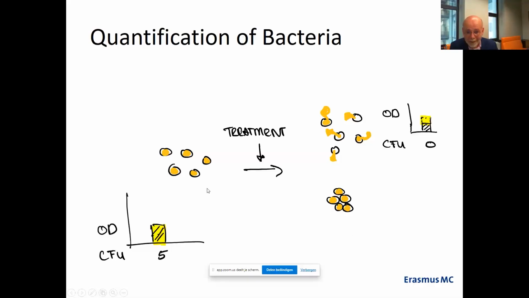Yet, if the bugs agglutinate as a consequence of the treatment, then my CFUs also will reduce, and my optical density will reduce in more or less a similar way. So I might say, hey, I have a very active component that does something with my bugs. If you work with Staphylococcus aureus, this is actually constantly happening.